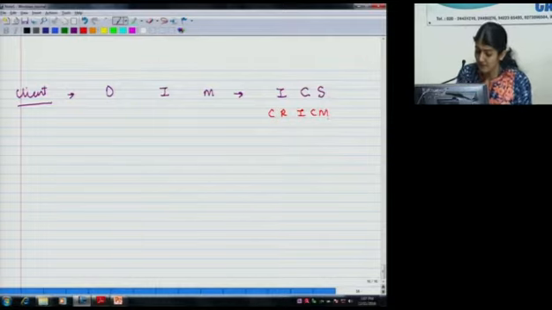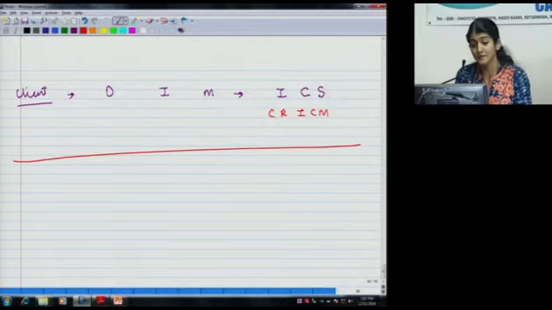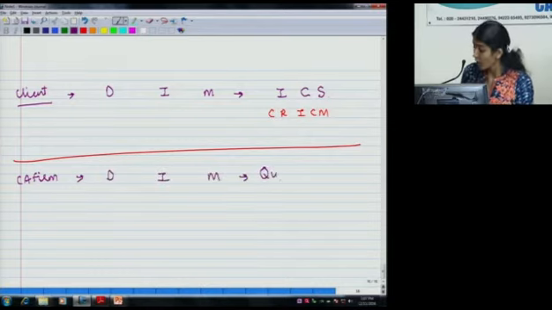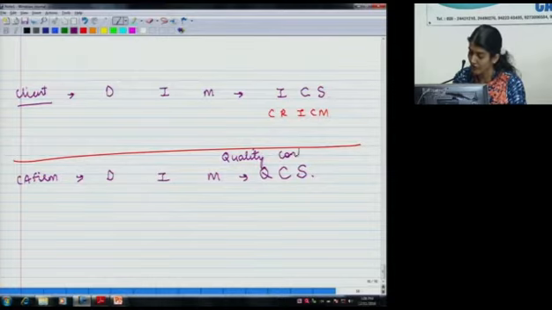CRISM. Similarly, just as at the client place there has to be an internal control system, in the CA firm, at Dynamic and Company, there has to be design, implementation and maintenance of a quality control system.